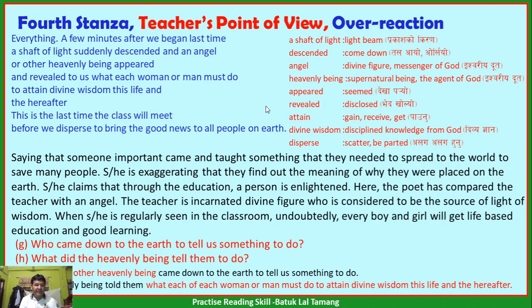And in the second question, the heavenly being told them what each woman or man must do to attain divine wisdom in this life and the hereafter. The heavenly being told them this.